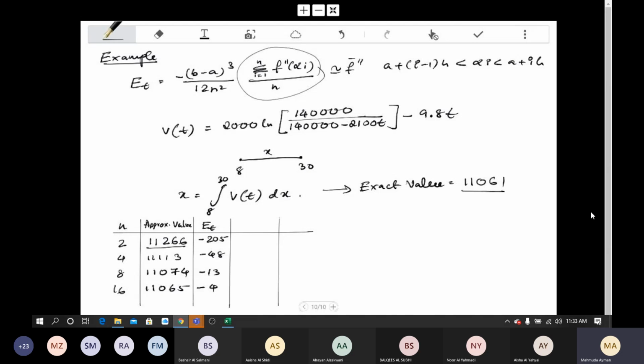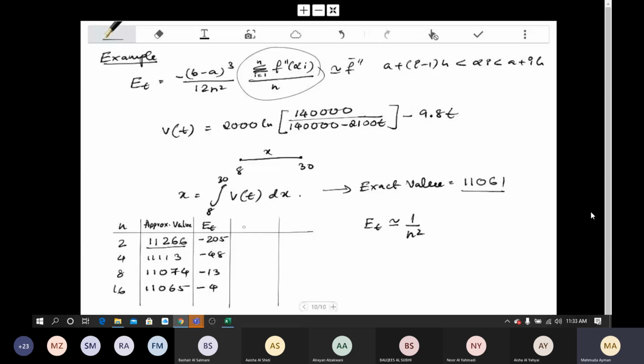So what we said is that the true error is approximately directly proportional to 1 over n squared, right? So if we double the n, the number of segments, the true error will get quartered, divided by 4.